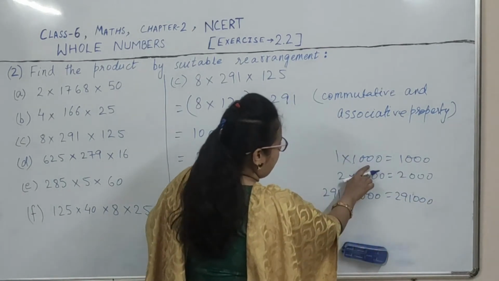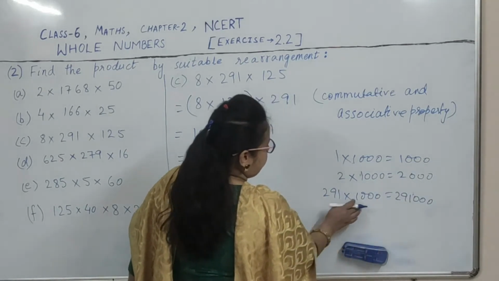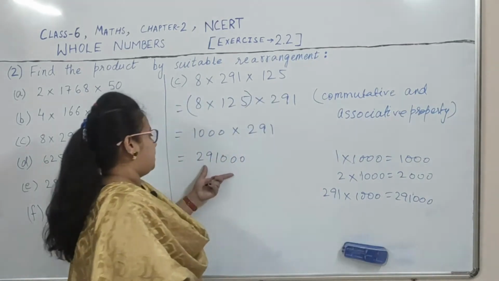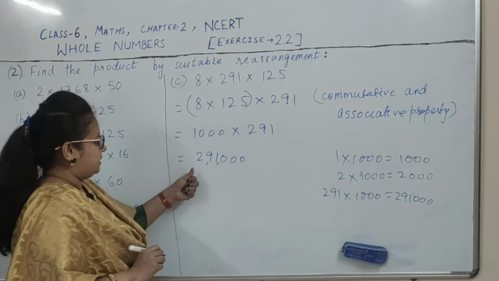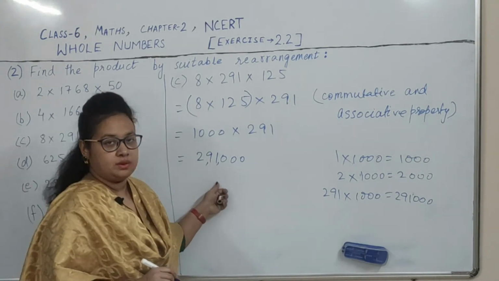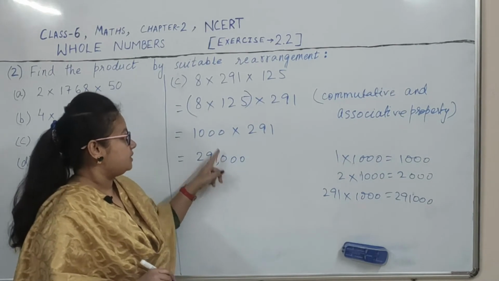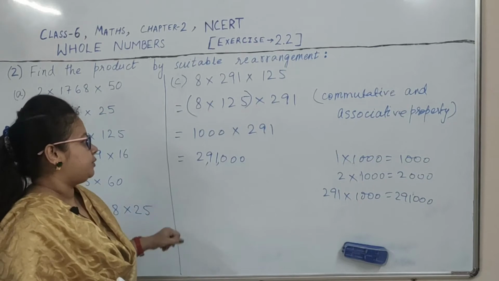This 1 into 1000 is 1 and 3 zeros, 2 into 1000 is 2 and 3 zeros. Like this, this into 1000 will be this number and 3 zeros. So we have written it here. Now, this is 2,91,000. So the answer of this question is 2,91,000. So we found the product of these numbers by suitable rearrangement.